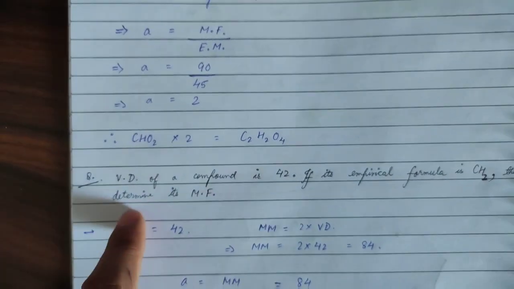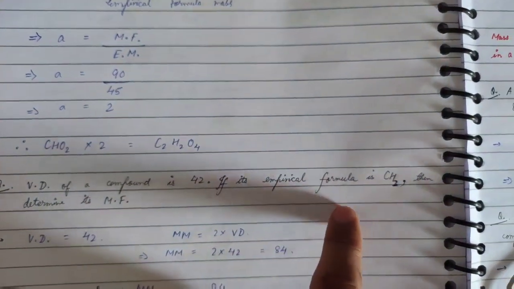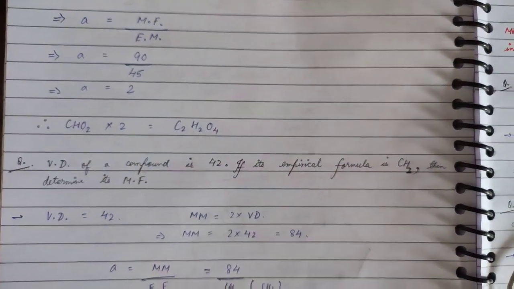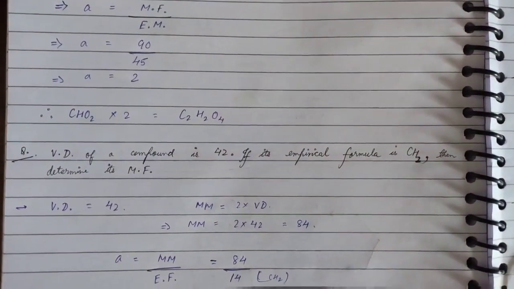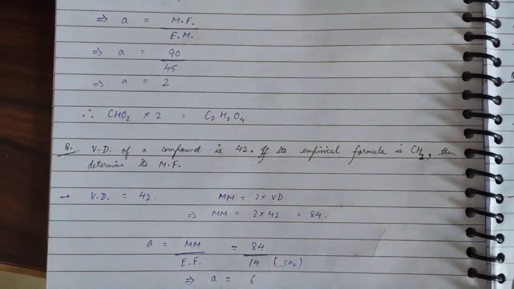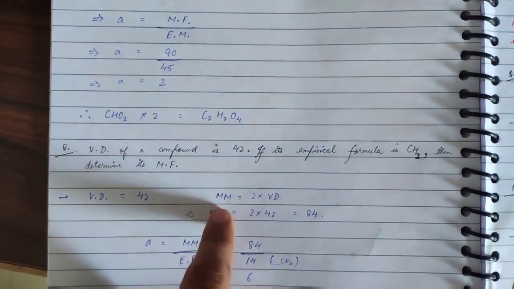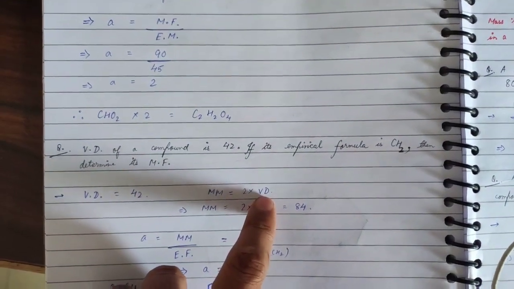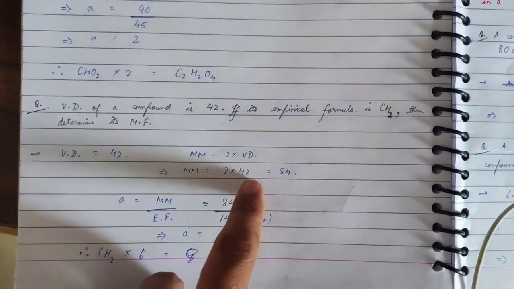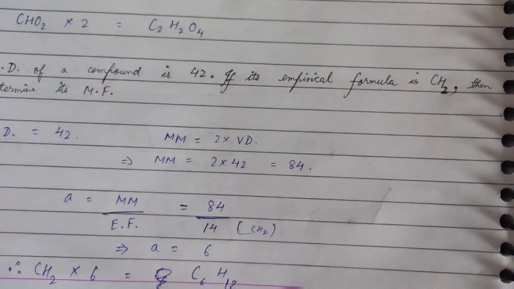Let us see one more example here. Vapor density of a compound is 42. If its empirical formula is CH2, then determine its molecular formula. Now we know that vapor density equals molecular mass divided by 2. Now we know the value of vapor density, so molar mass will be equal to 2 into vapor density. So it becomes 84.